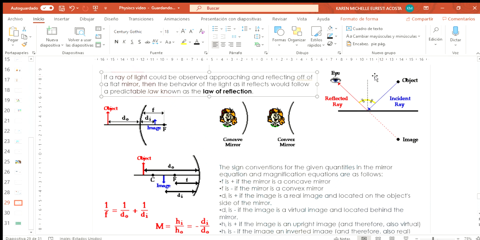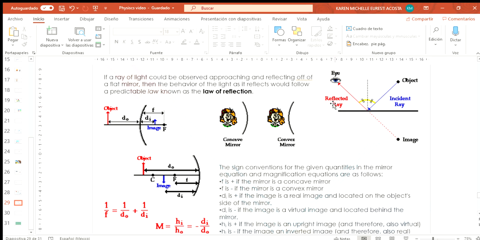So we can see little examples of the reflection. We can see the object reflecting in the mirror, that this is the incident ray and this is the reflected ray. As with lenses, there are two types.